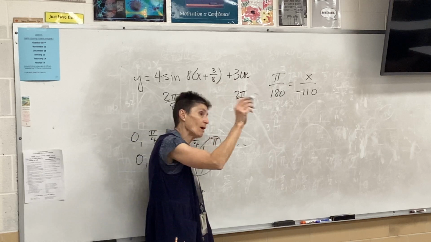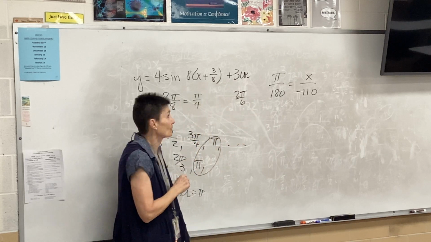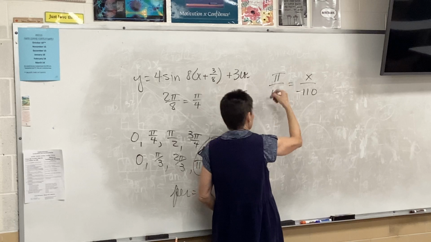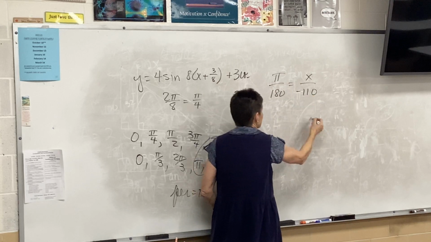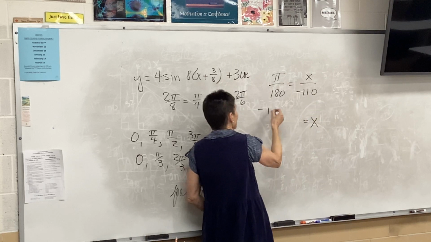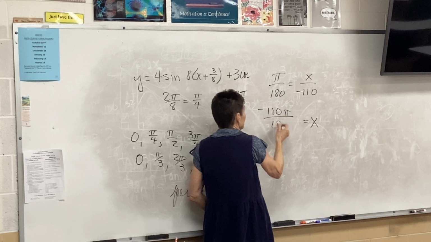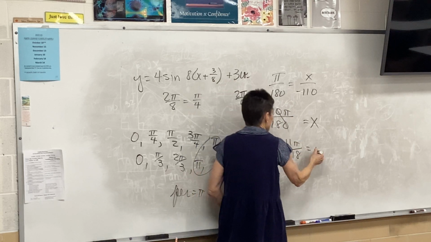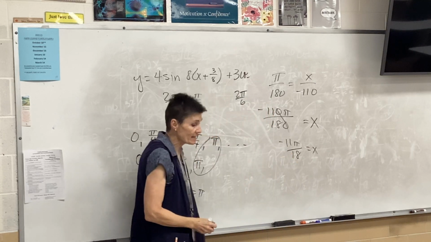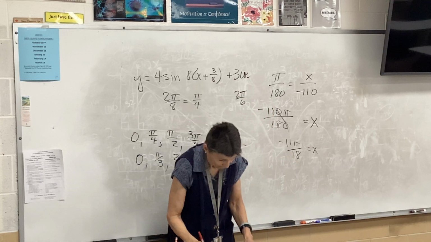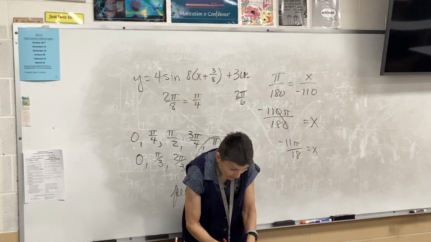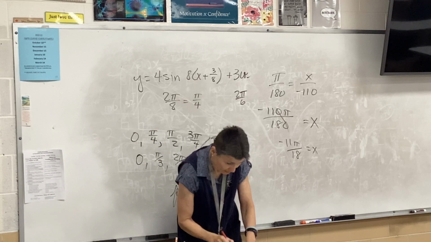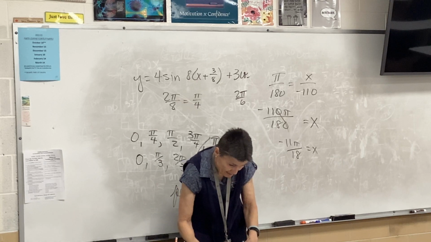The question is how many radians are 110 degrees? I would cross multiply and divide, but it's just easier to bring the 110 over. And the answer is negative 11 pi over 18. So how many radians is negative 110? Negative 11 pi over 18.